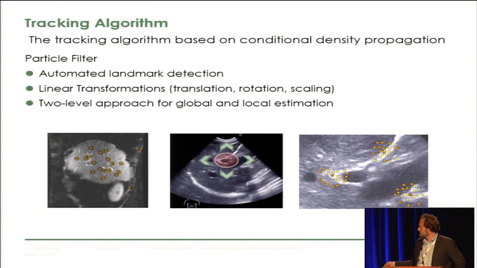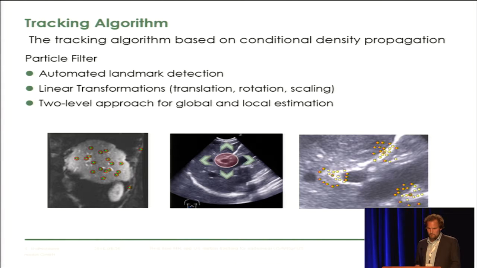Those feature points are then taken as our tracking features, which are allowed to transform within linear transformations, that is scaling, rotation, and translation, or a subset of that, if you wish.